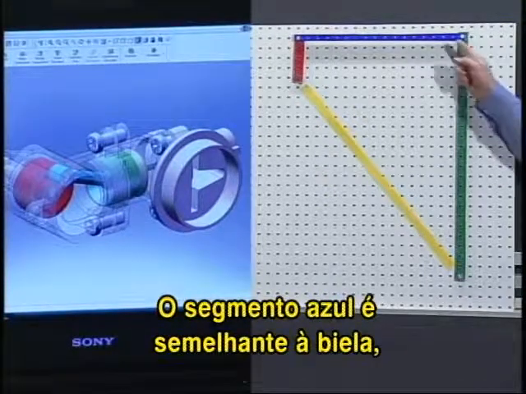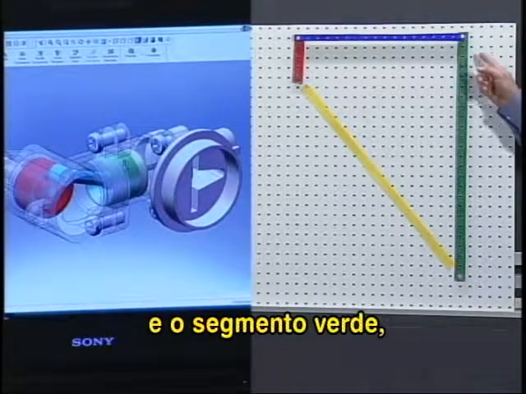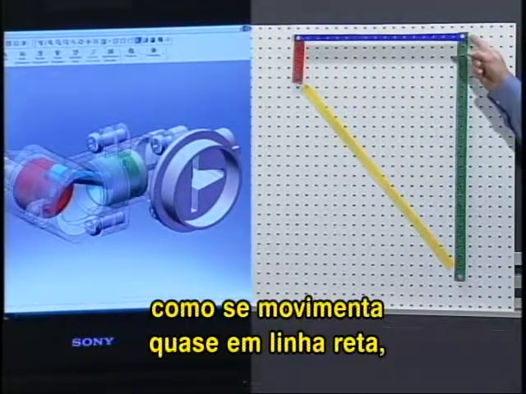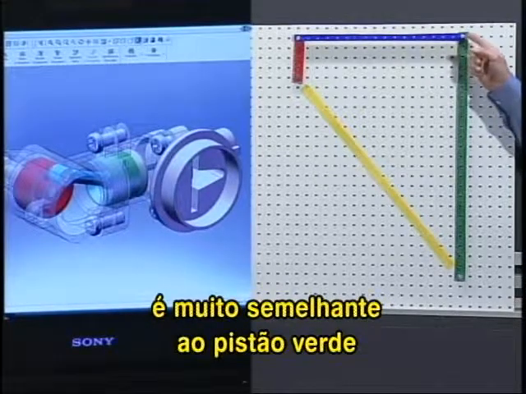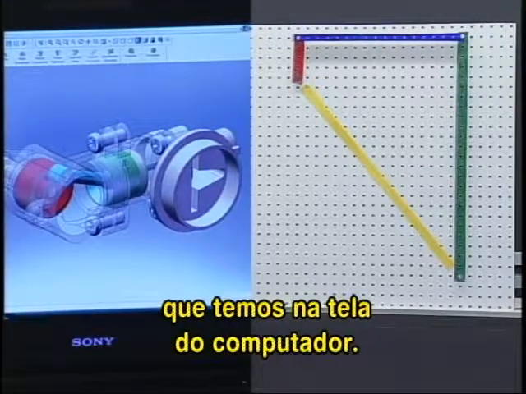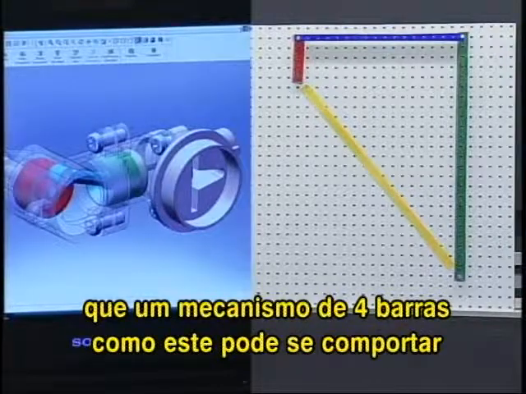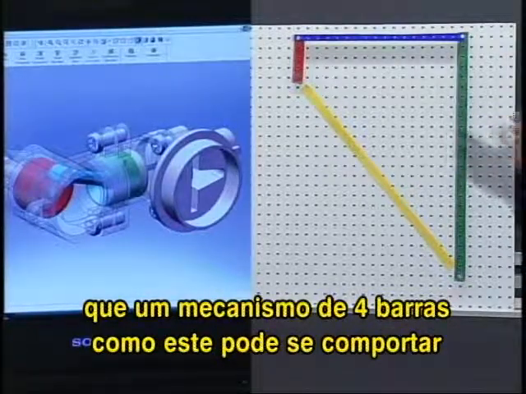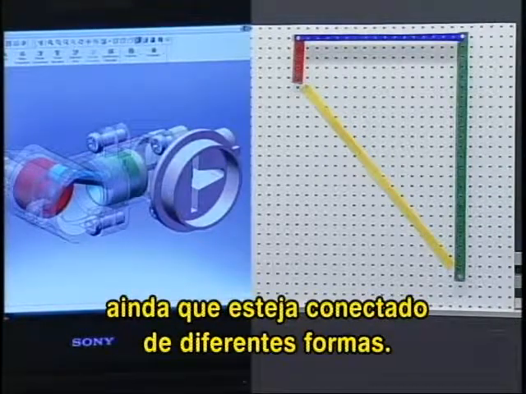The blue link is very similar to the connecting rod, and the green link, because its end is going in almost a straight line, is very similar to the green piston in the compressed air engine model we have on the computer screen here. So that's the main message to get across, that a 4-bar mechanism like this could behave very much like a slider crank mechanism, even though it's connected in relatively quite different ways.